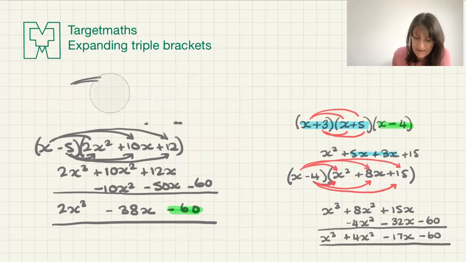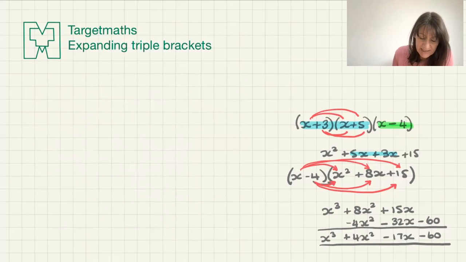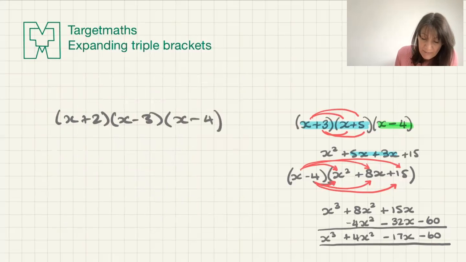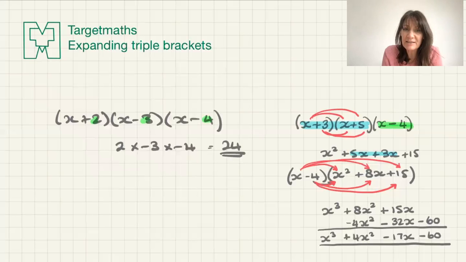So before I've even started expanding this one, so x plus 2, x minus 3, x minus 4, before I've even done anything, I could look at this, 2 times minus 3 times minus 4, and know that the very final answer would be 24, positive 24.